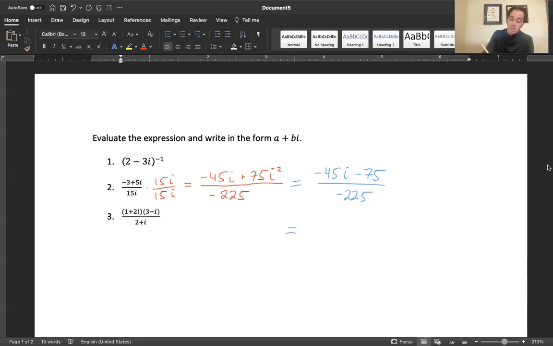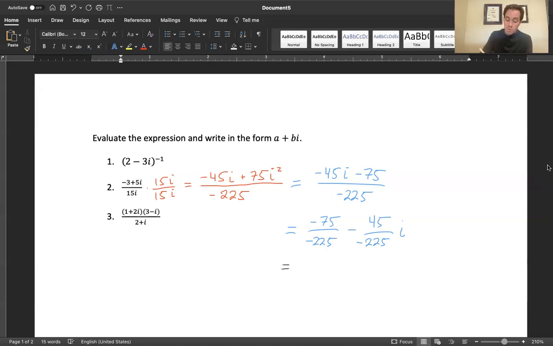And now I'm going to clean it up and get it into this form, a plus bi. It's going to be negative 75 over negative 225 minus 45 over 225i, or minus 45 over negative 225i. And this is just way too many minus signs. And also there's a ton of reducing that can be done here, like 75 over 225, that's actually just a third.